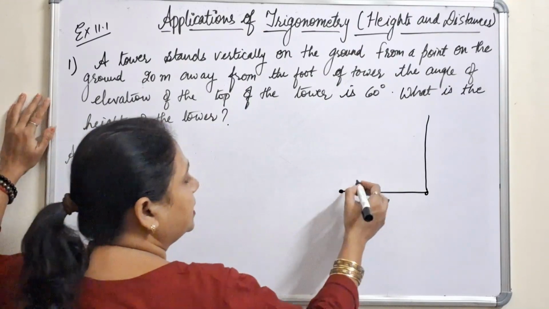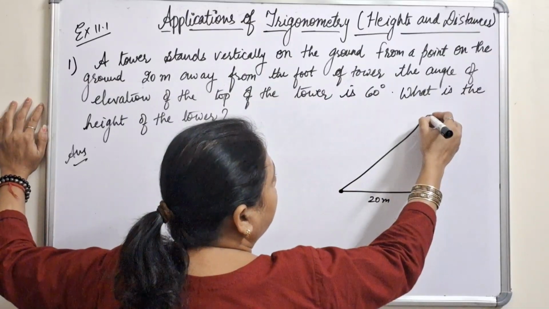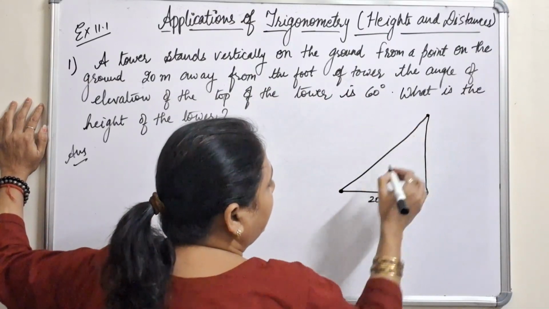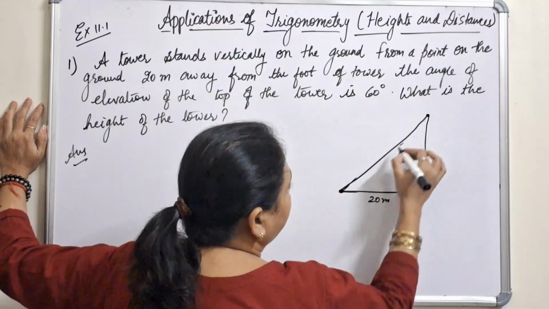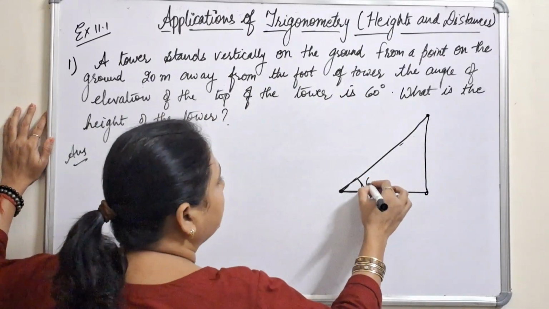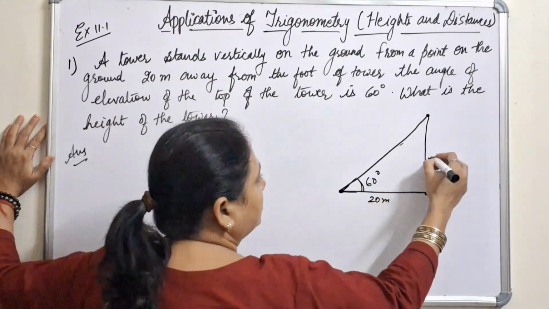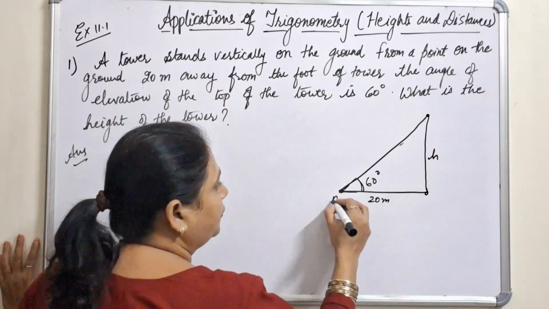The observer is here, this is the top of the tower, this is the line of sight, and this is horizontal. What is the height of the tower? So this height you have to find.